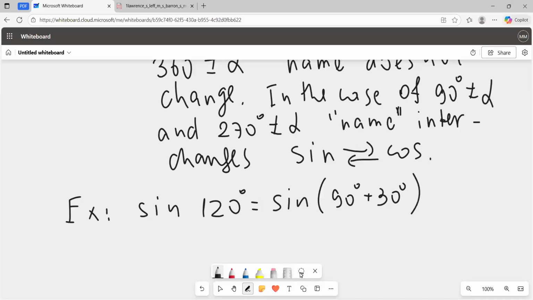Second step, to determine the sign, since 120 degrees is in the second quadrant, sine is positive there.